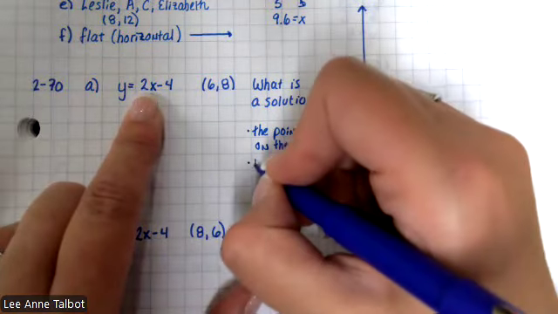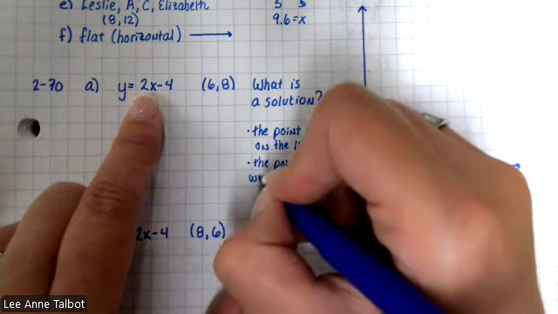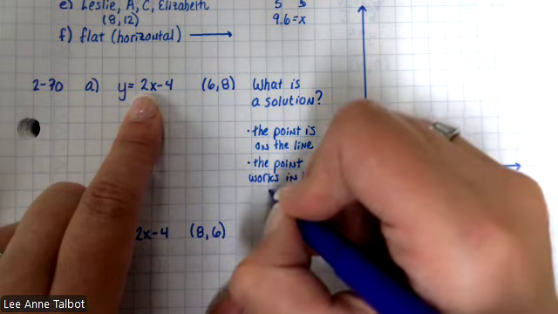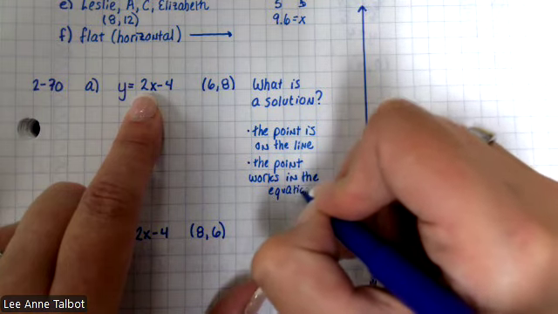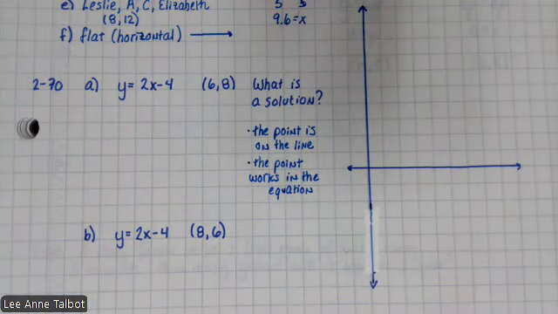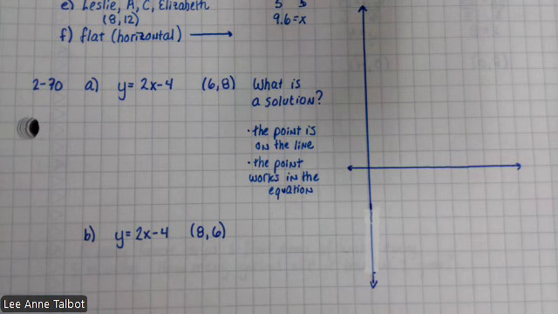Or the point works in the equation. You know how all year I've been making you do the check for all of your equation solving. So this is basically the check.